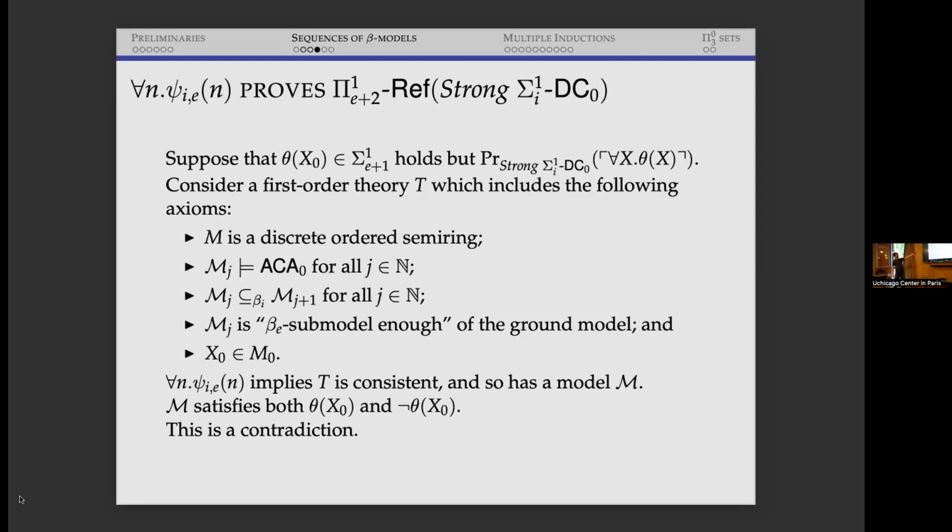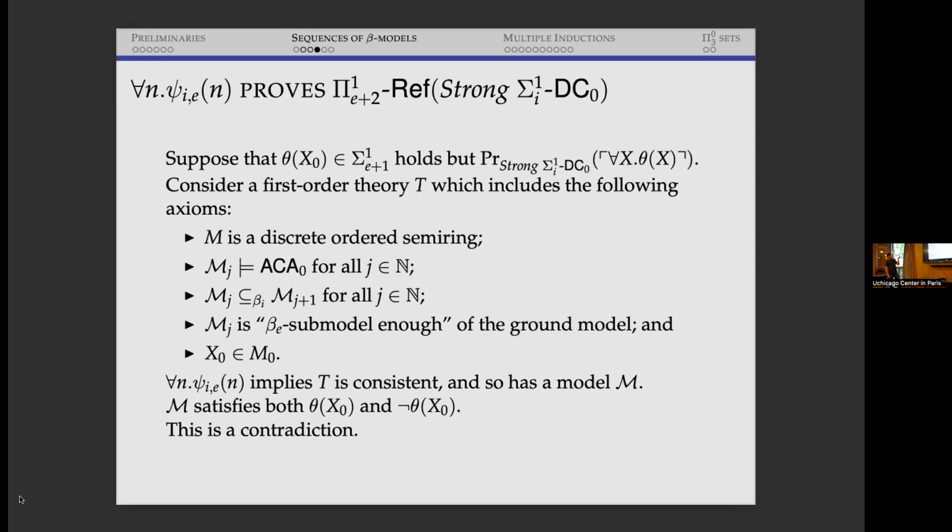But you can use a beta model enough to push inside the negation that you have inside the model, and you get a contradiction. And so you can prove this reflection from the arbitrarily long sequences of beta models.